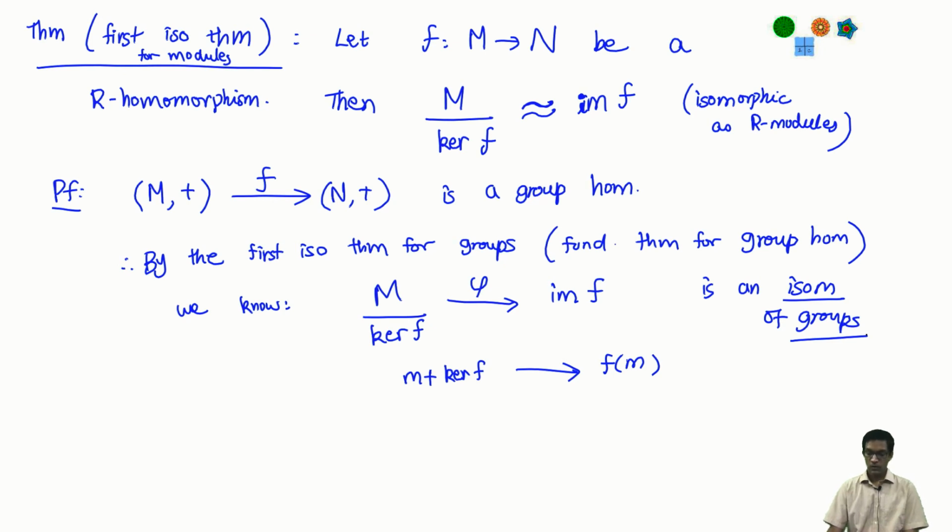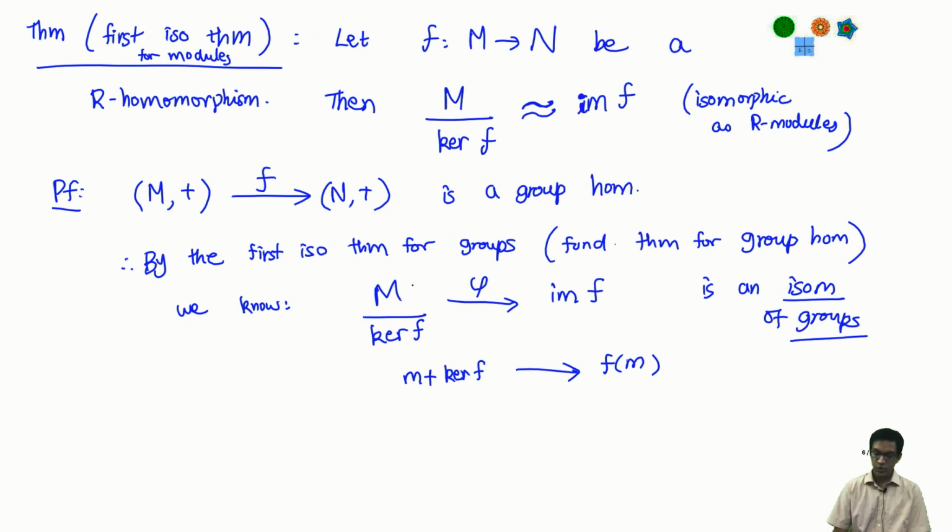Now what we want to show is that this very same map phi is in fact more than just a group isomorphism. It turns out also to be an R module isomorphism. So what does that require us to do?